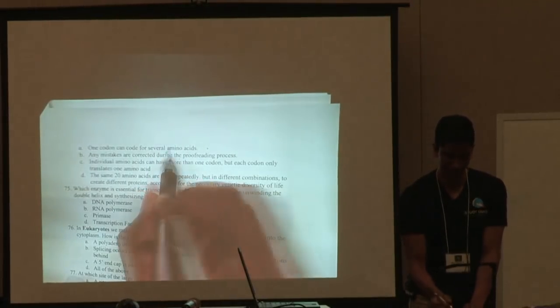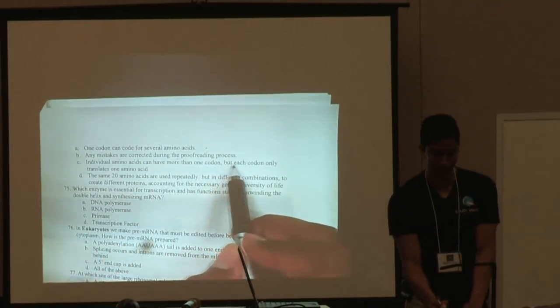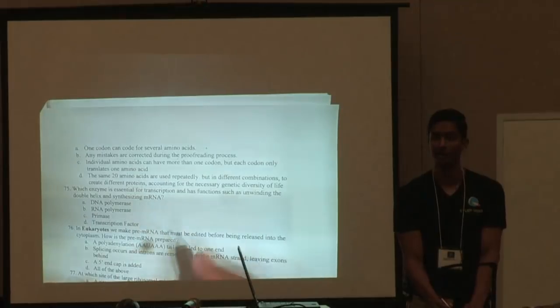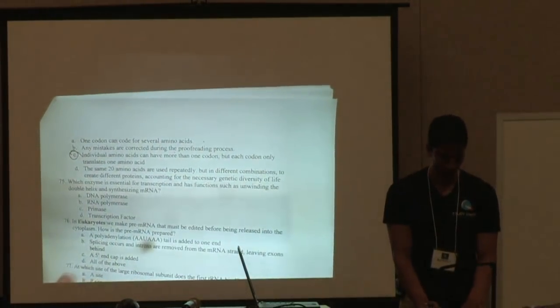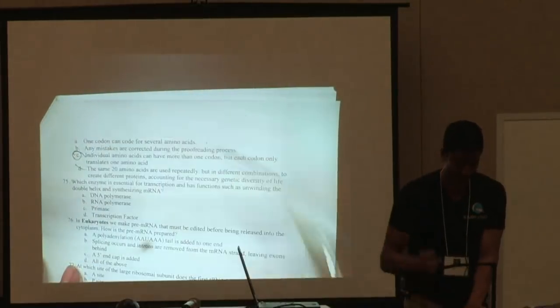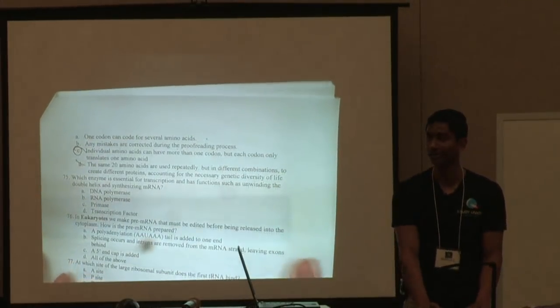Got some yeses. Let's keep going. Individual amino acids can have more than one codon, but each codon only translates one amino acid. Yes, so that's where the redundancy comes in. And then D is just not true at all. Everyone good?